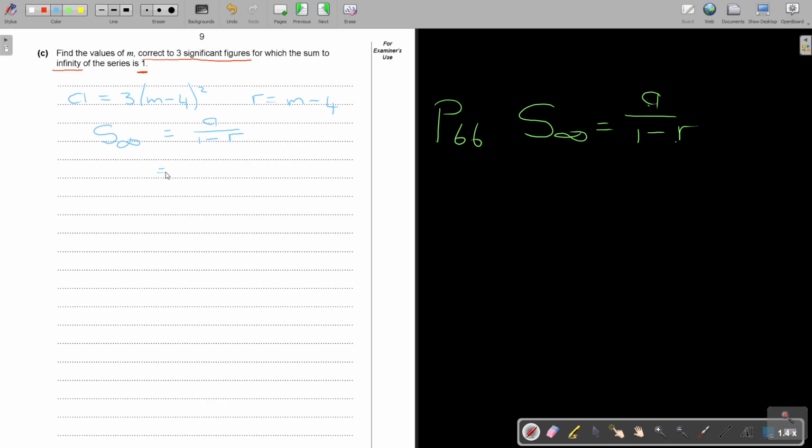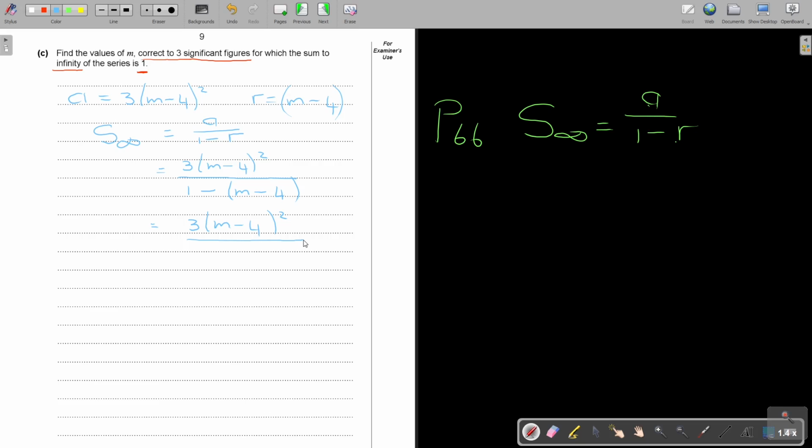And that is going to be 3 times (m minus 4) squared over 1 minus, and don't forget to put that in brackets now, (m minus 4). And that is going to be equal to, just leave this first, 3(m minus 4) squared, just simplify the bottom. So it's 1 minus m plus 4.